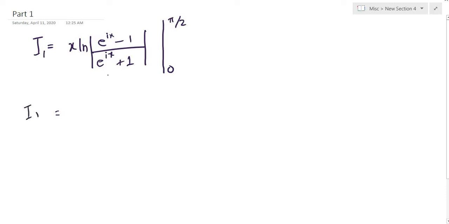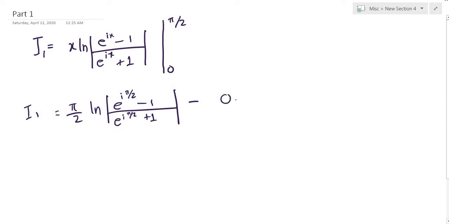When we plug in pi over 2, we have pi over 2 as it is, then the natural log of (e raised to i times pi over 2 minus 1) divided by (e raised to i times pi over 2 plus 1), minus, when we plug in the 0, we have 0 times the natural log of (e raised to i times 0 minus 1) divided by (e raised to i times 0 plus 1).